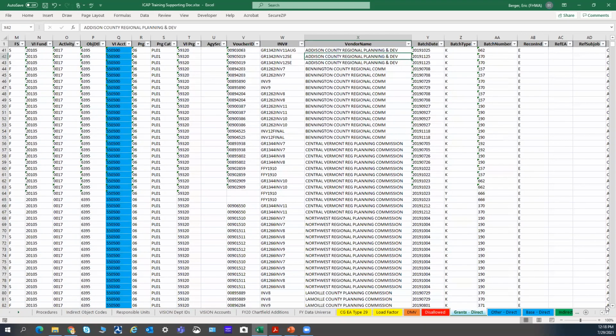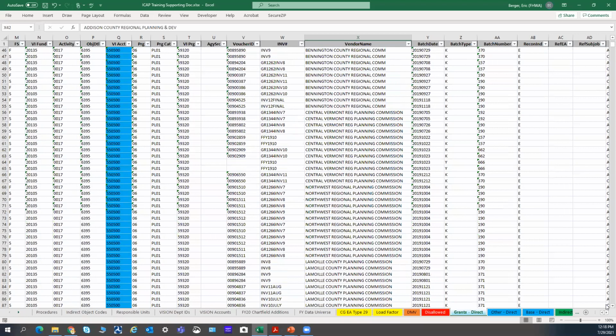Because once again, they're using this for the transportation piece, the highway piece, and they're a little bit unique because they're only looking for a certain dollar amount. These are just representative of the other pass-through type stuff that's going on within the agency.